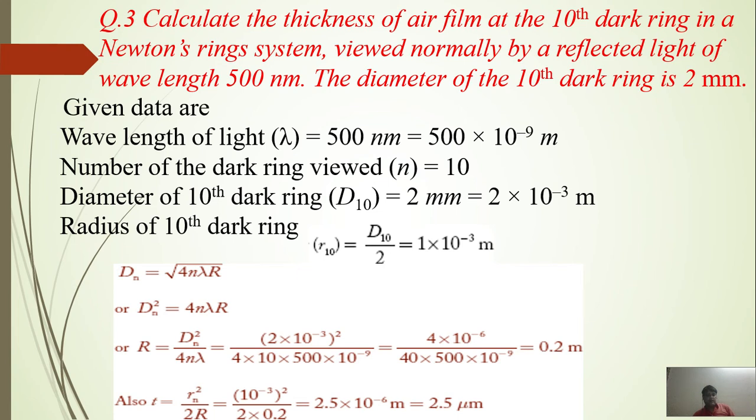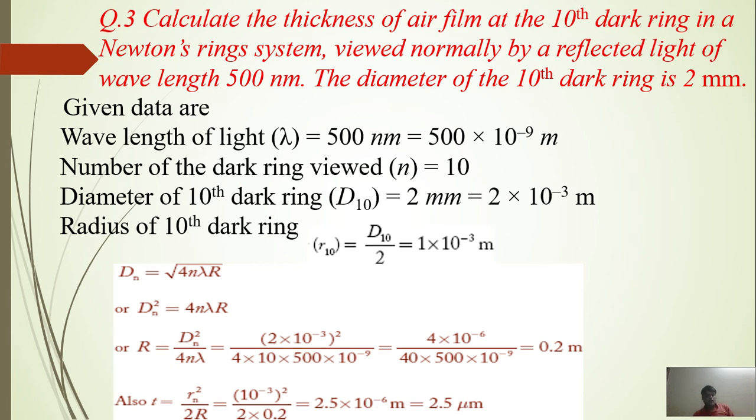The radius of the 10th dark ring is half of its diameter, so it is D10 by 2, which is 1 into 10 to the power minus 3 meter. We know that the diameter of a dark Newton ring D_n is equal to the square root of 4n lambda R. Is that clear?